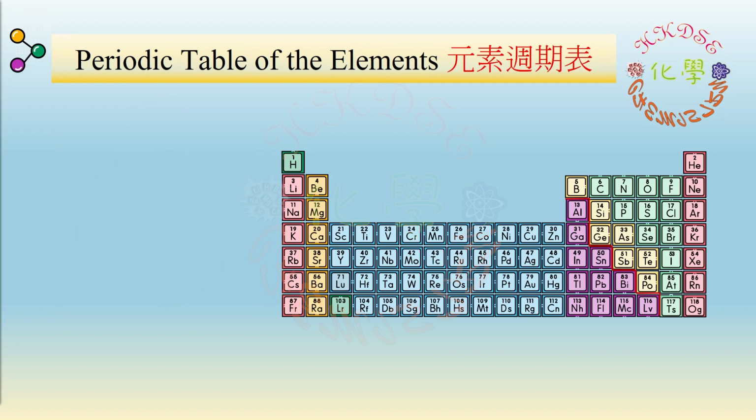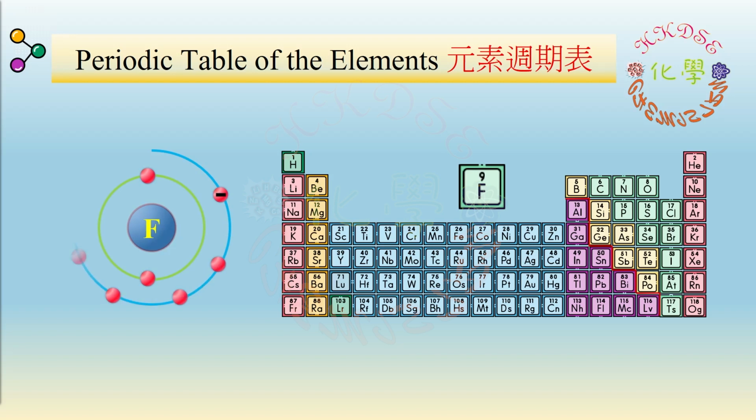The non-metal atoms will gain electrons to complete their outermost shell and form an ion. Let's illustrate using fluorine. Fluorine has 9 protons and 9 electrons. It has 7 electrons in its outermost shell. It will be more energy efficient for fluorine to gain 1 electron than lose 7 electrons to complete its outermost shell.